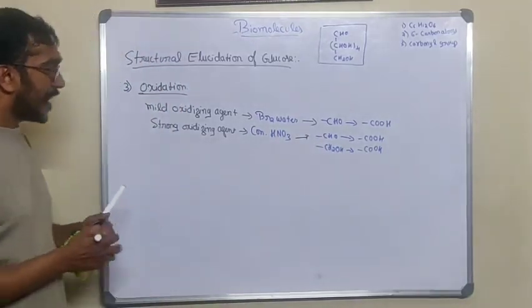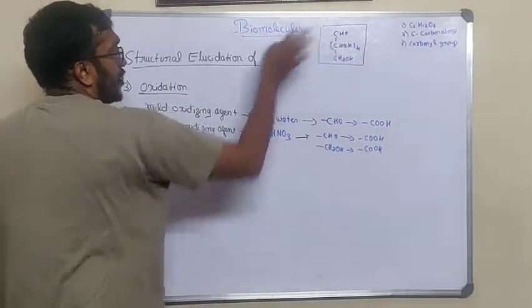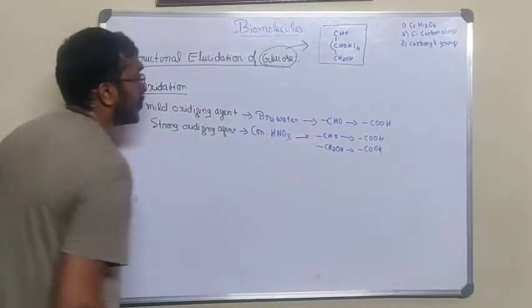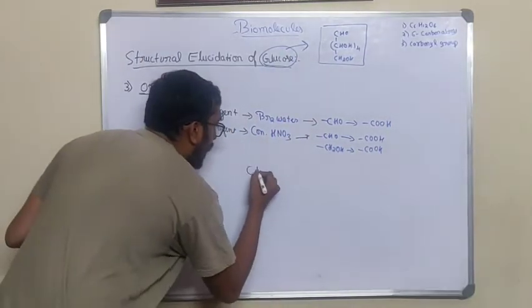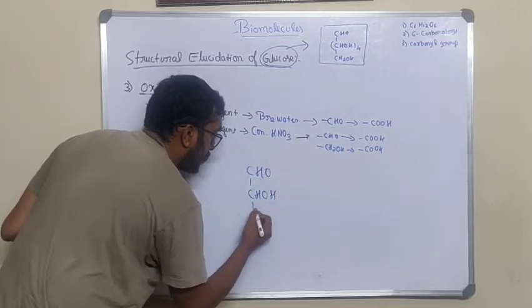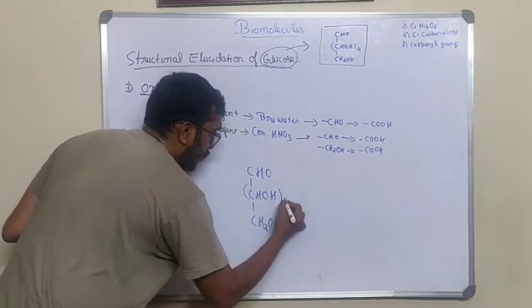Let's check the reaction. I'm going to take the glucose structure here. This is the glucose structure: CHO, CHOH four times bond, CH2OH.